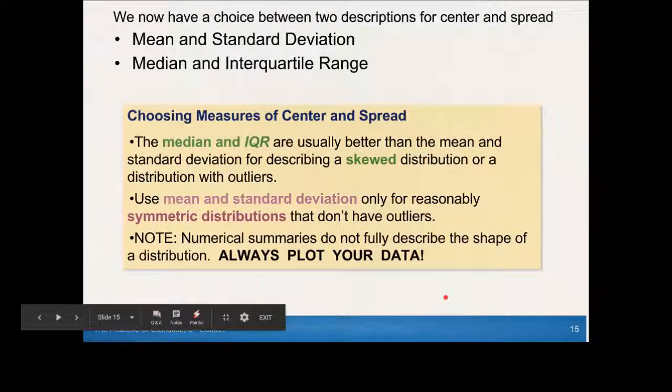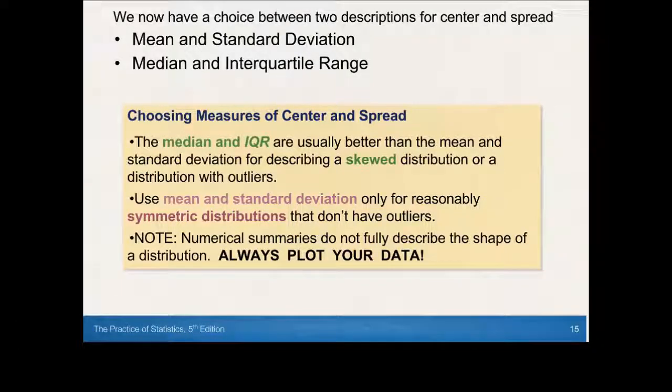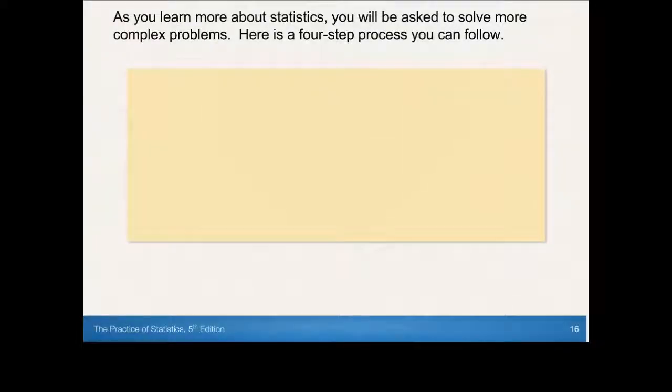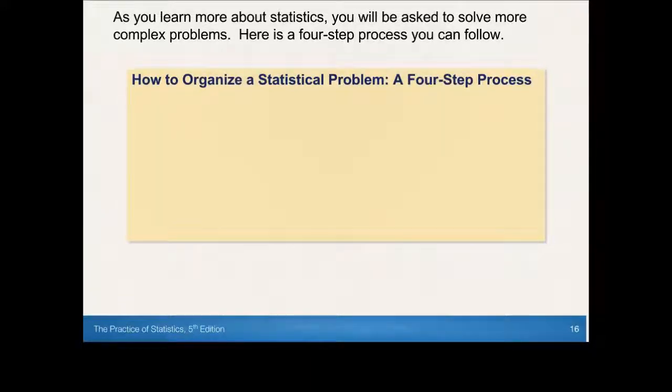Numerical summaries do not fully describe the shape of the distribution. Always plot your data. Just a simple dot plot gives you an idea of what the data is doing. We're going to look more into organizing a statistical problem, but here are the steps for doing that.